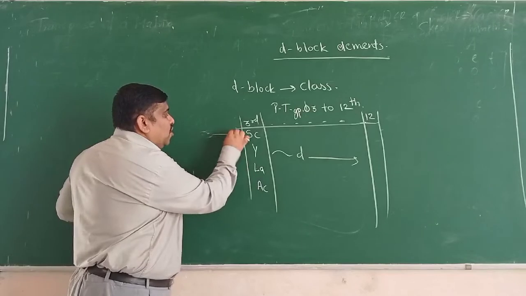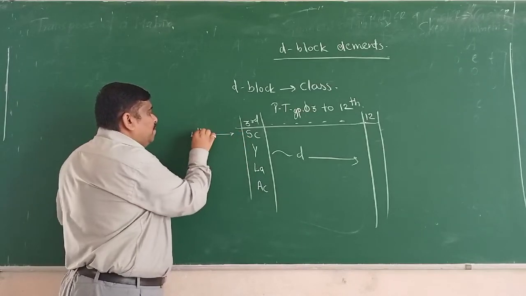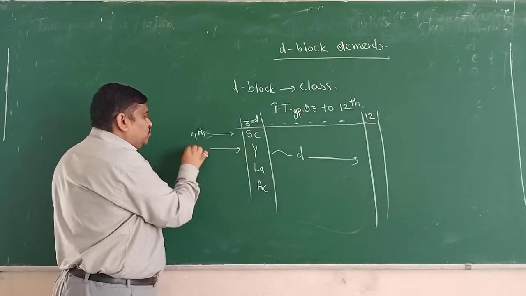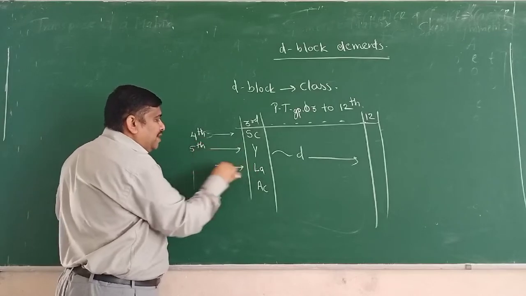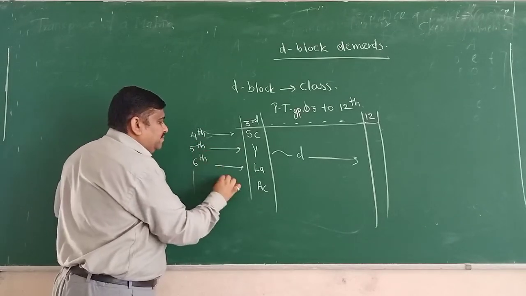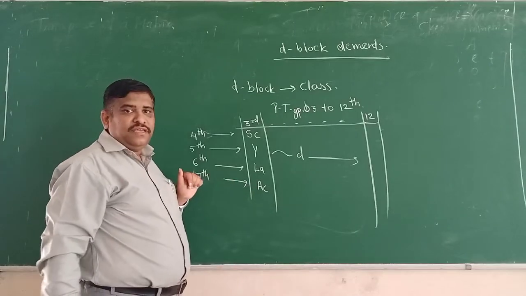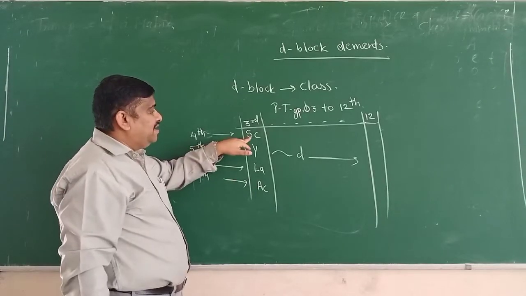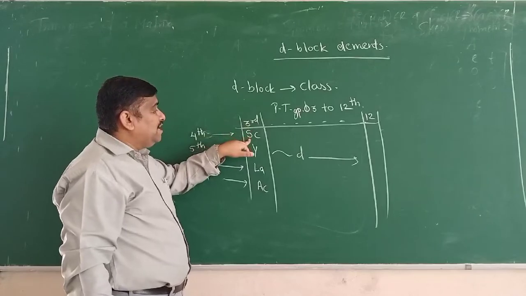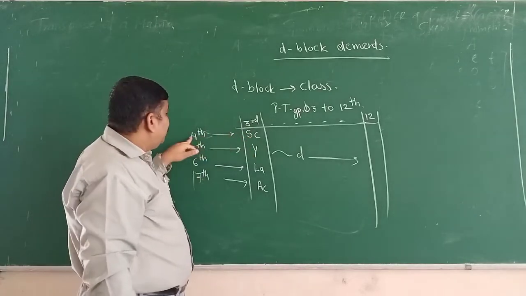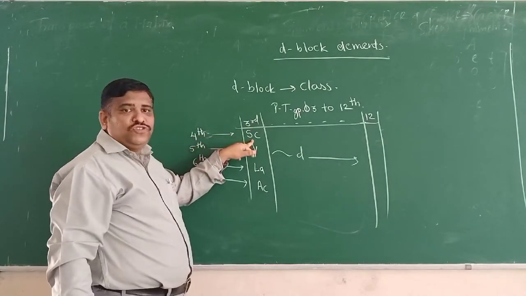Scandium belongs to the 4th period, yttrium to the 5th period, lanthanum to the 6th period and actinium to the 7th period.